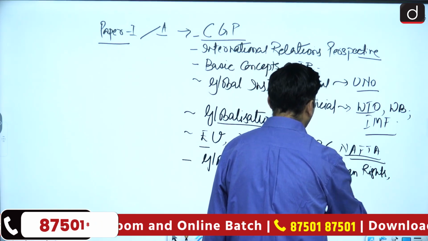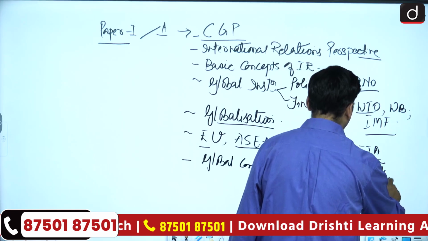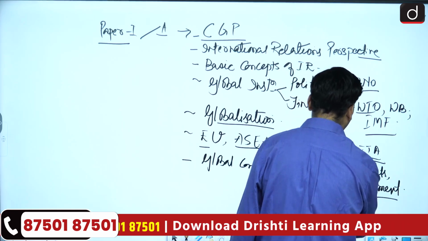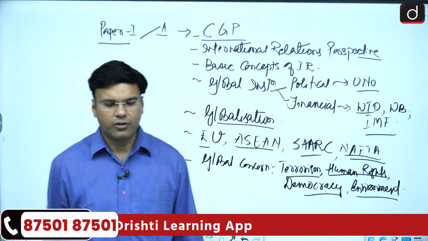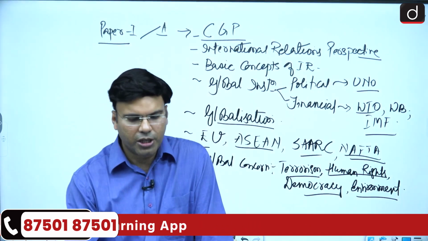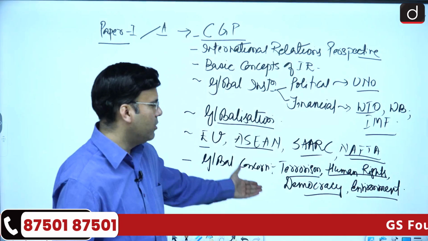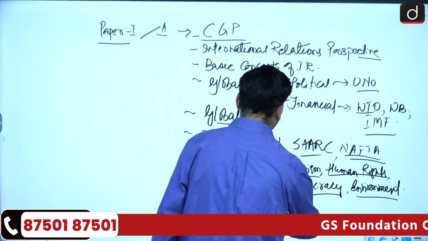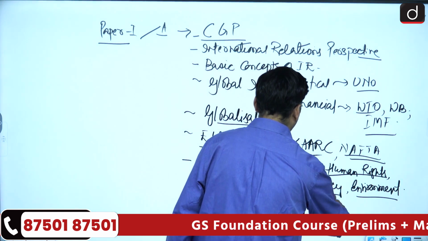So we have to read about all of this from the perspective of global concern, how this has come to occupy a position of concern in the world as of now, and what can be done so that we are able to address the problems emerging out of this global concern. Even we can say nuclear proliferation as an issue. It's a global concern.